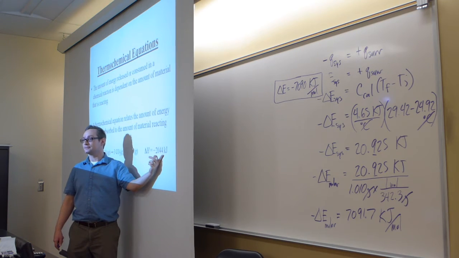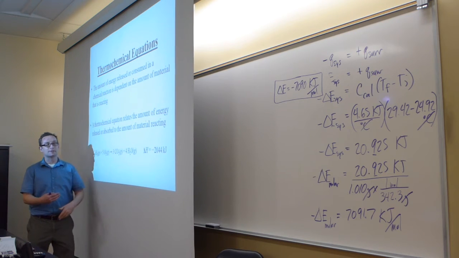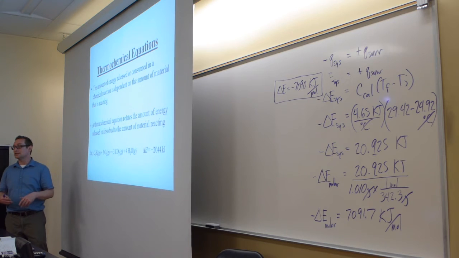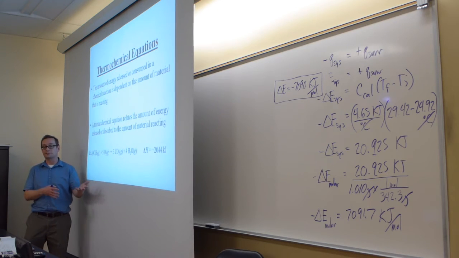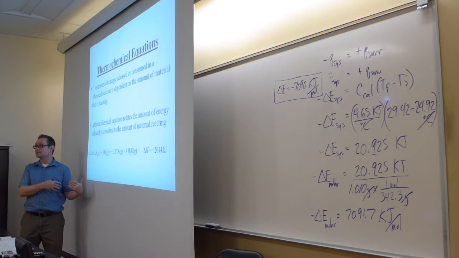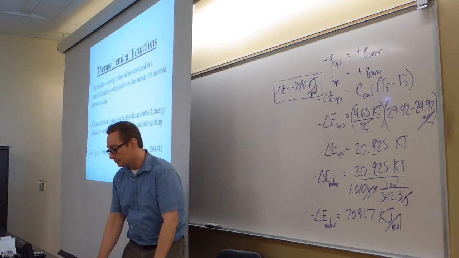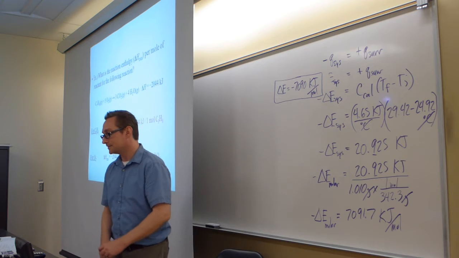It'd be double as well, right? It would release double the energy. So what thermochemical equations help us do is they help us assign energy to the amount of product produced or the amount of reactant consumed. And we can establish mole ratios of energy to moles with this.